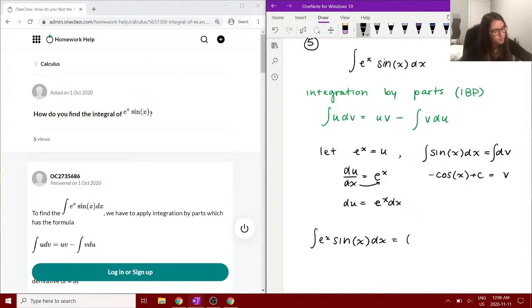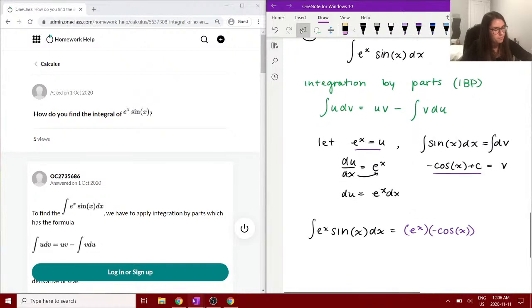So u is e to the x. I'm just going to underline things as I go, okay? So e to the x is u times v. This is v. We have minus cos x plus c, which I said we're going to leave out for now.